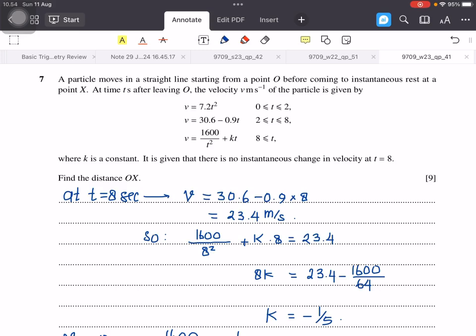It is given that there is no instantaneous change in velocity at t equals 8. Find the distance OX.